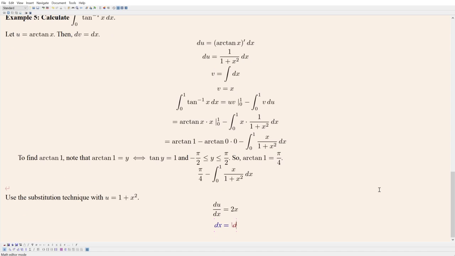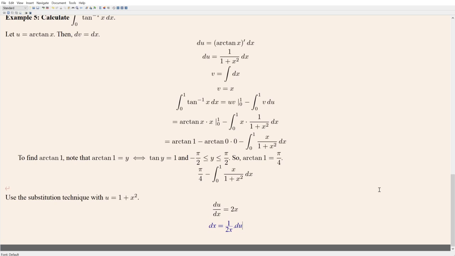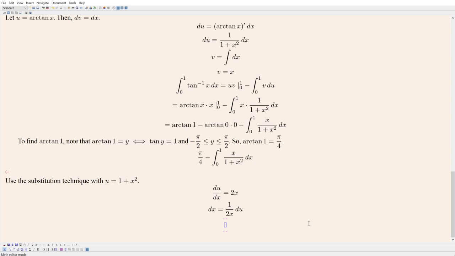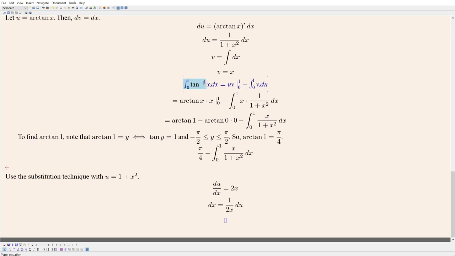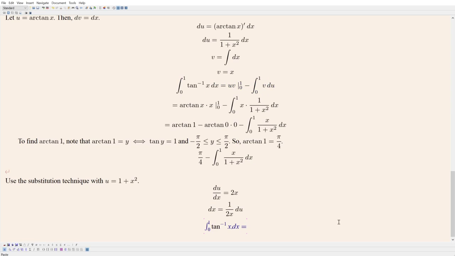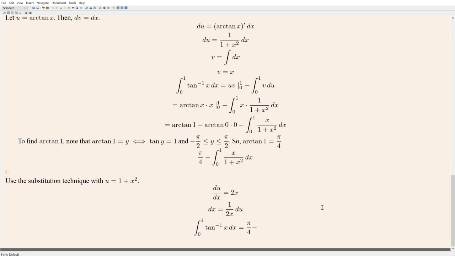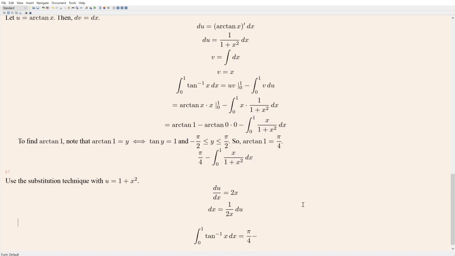Consequently, dx is equal to 1 over 2x du. So our integral becomes, and let's not lose sight of what we're actually integrating here, pi over 4 minus, oh, and you know what? I always forget to do this. We have to change the bounds as well.